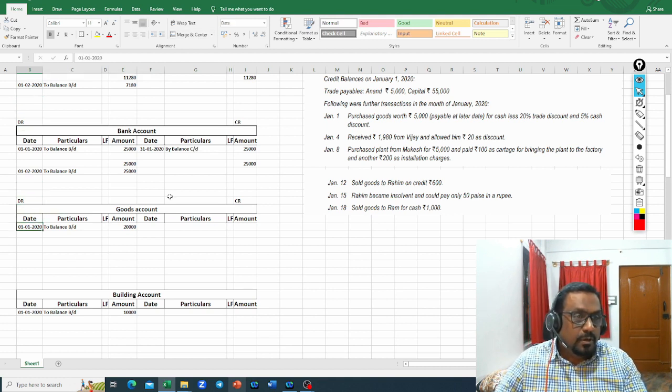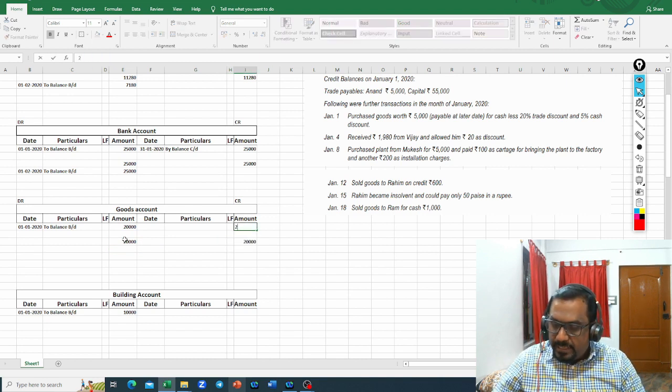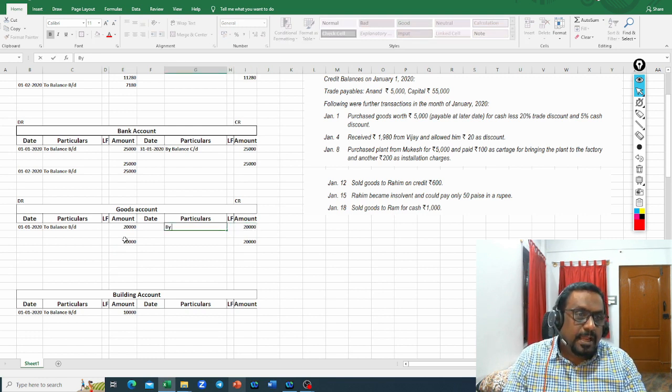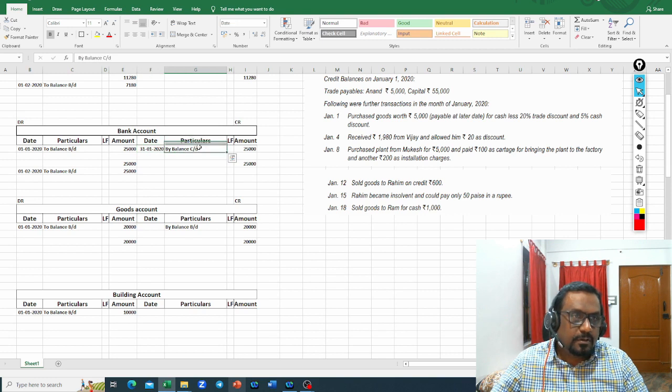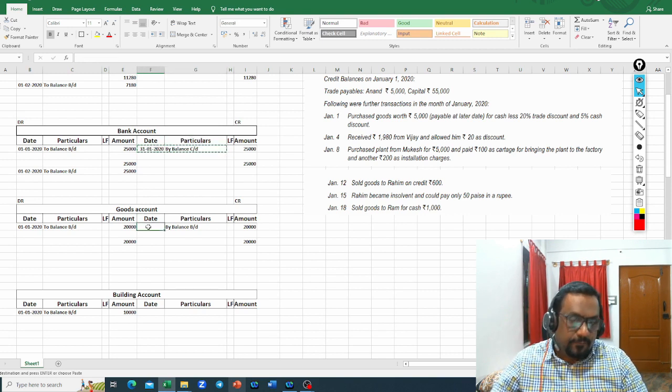Now the goods account. In the goods account we have a debit side of 20,000. Let us total 20,000 and put the same amount here, 20,000. Do you have any balance to subtract here? Nothing. Let us put the same 20,000. So by balance carried down. So date 31st. Let us copy this so that it will be easy for us, no need to waste our time.